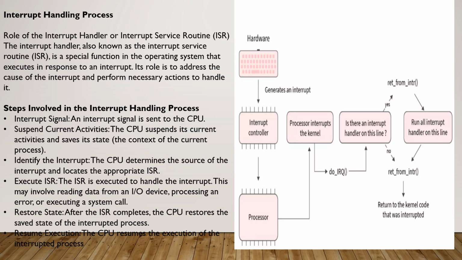If yes, we enter the line and return from the interrupt. If not, it goes to no, runs all interrupt handlers on this line, and then returns to the kernel code. In the output we can see whether it was interrupted or whether it is normal.